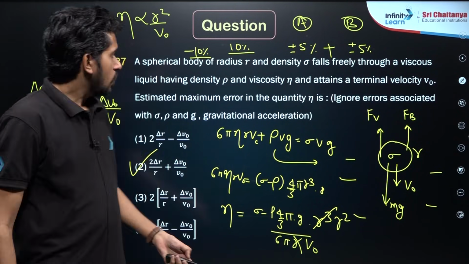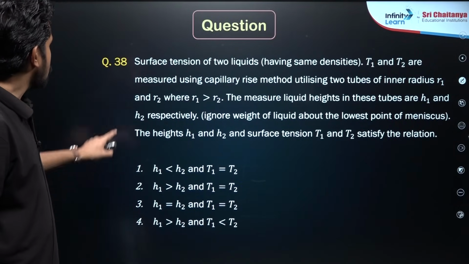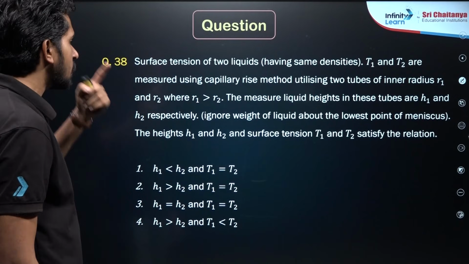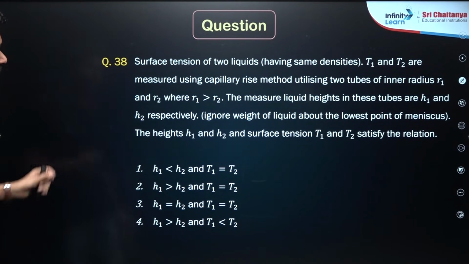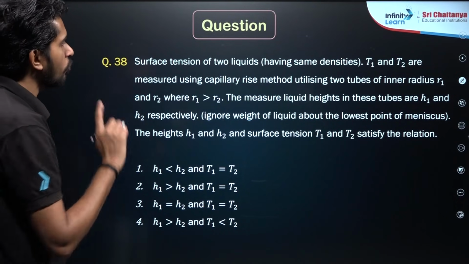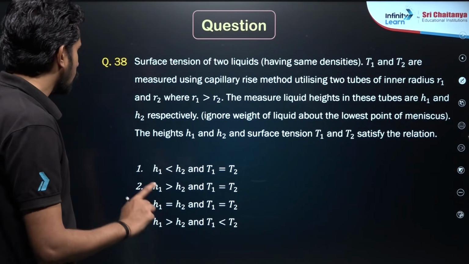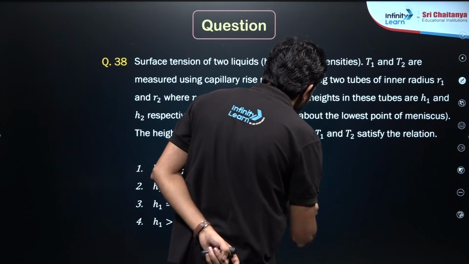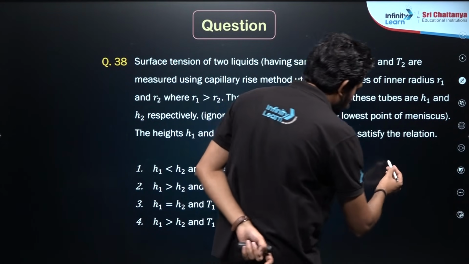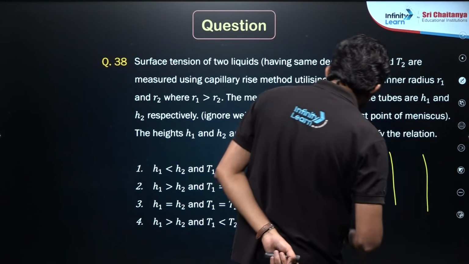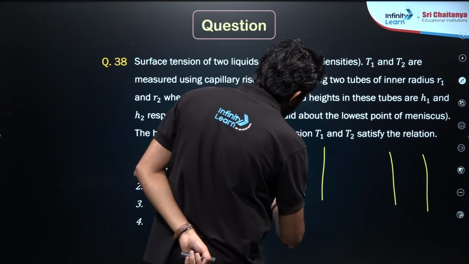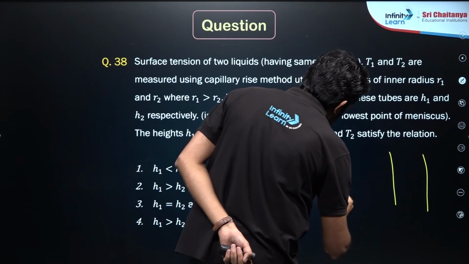Simple. Now next is: surface tension of two liquids having same densities, T1 and T2, are measured using capillary rise method utilizing two tubes of inner radius R1 and R2. Basically these are two capillary tubes with different radiuses, and they are inside liquid.